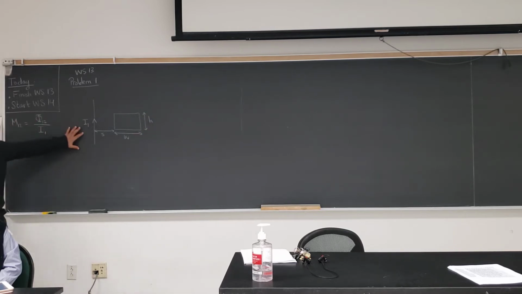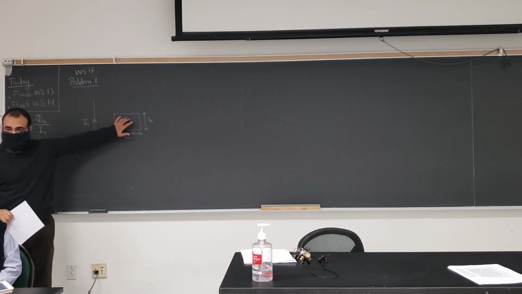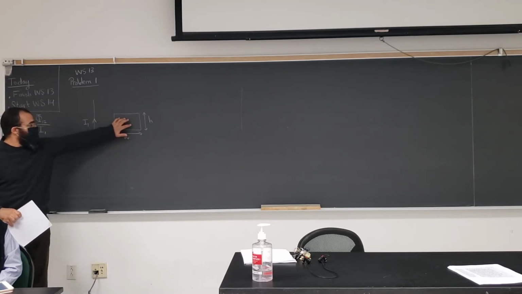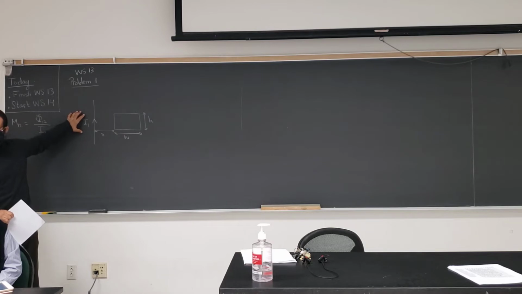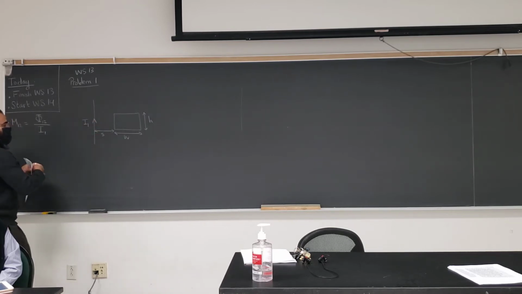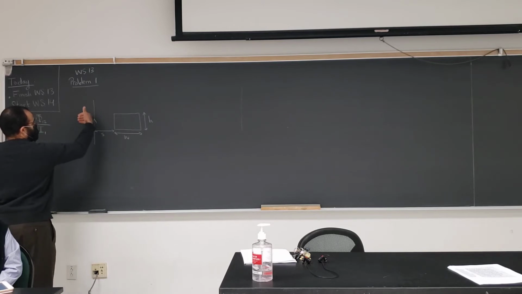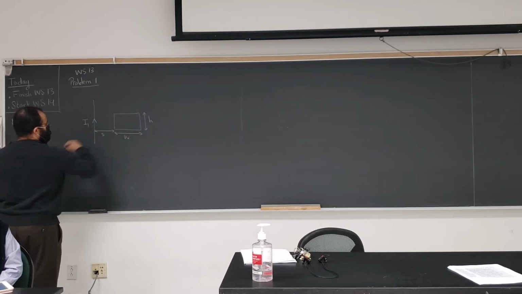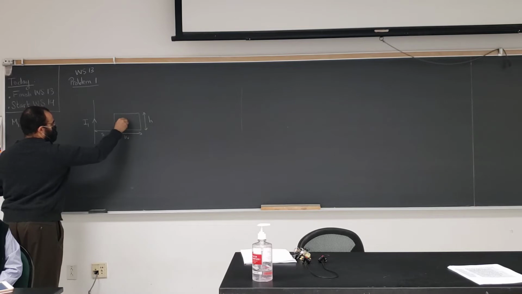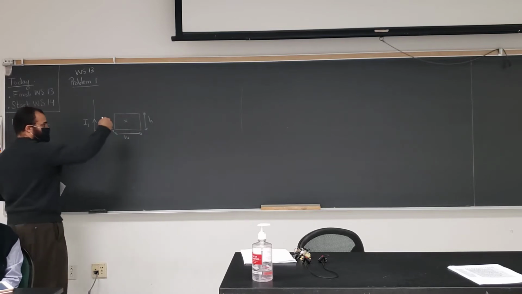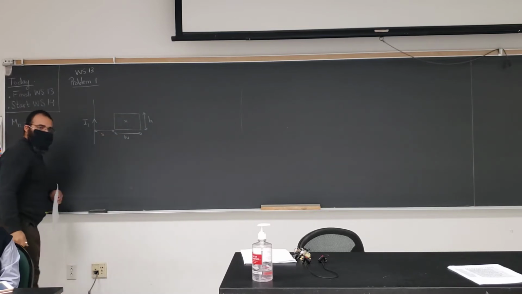Loop 1 will produce a magnetic field that goes into loop 2. So we want to find the flux in loop 2 due to the magnetic field of this current. The current is up, so the magnetic field comes out, and then it goes in. The magnetic field here is going in, and the area is facing the magnetic field, so they are both in the same direction.